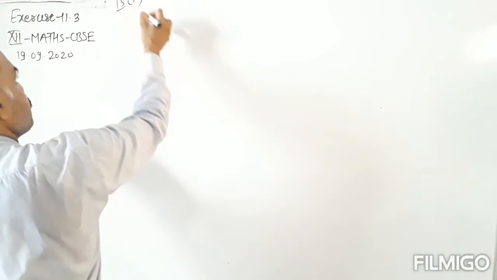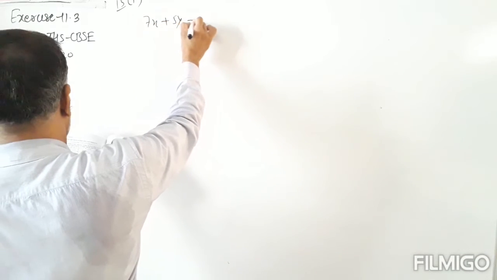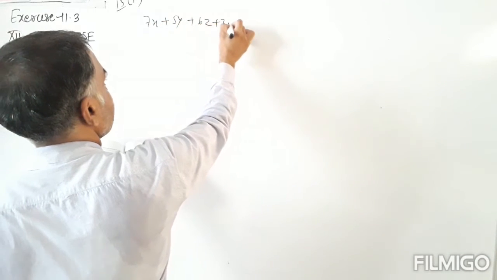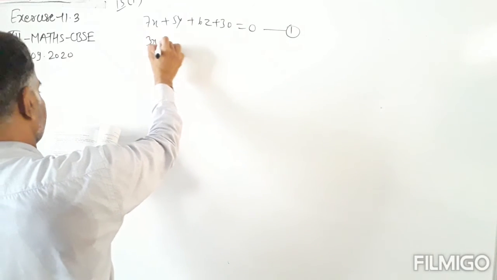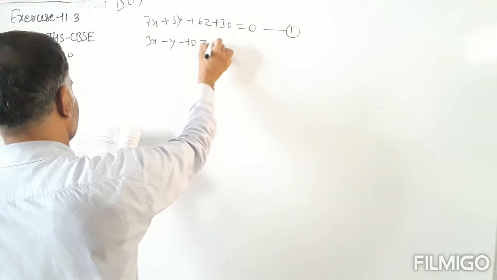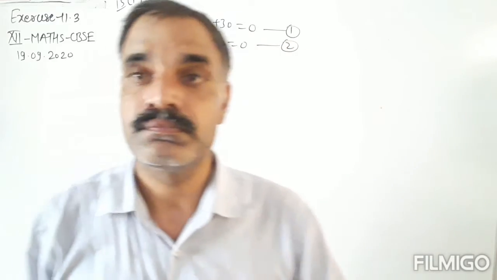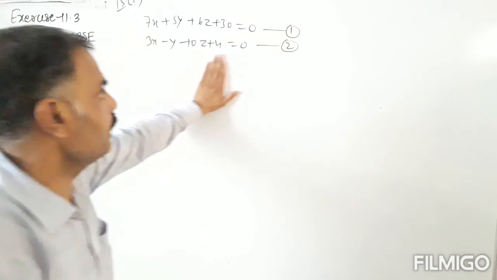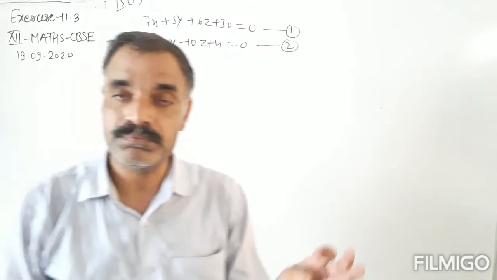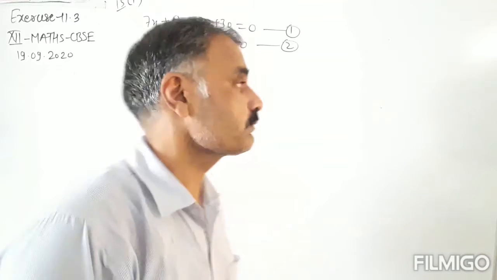The first part of question number 13: 7x plus 5y plus 6z plus 30 equals 0, equation number 1, and 3x minus y minus 10z plus 4 equals 0, equation number 2. We have been given two equations of planes and the question is to find the angle.